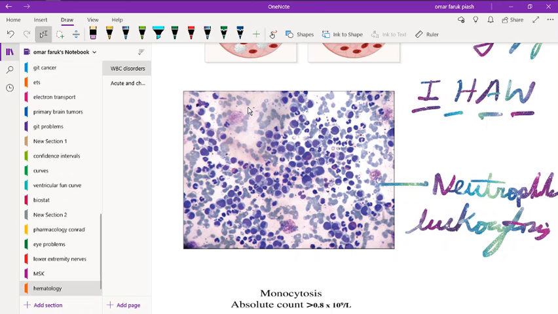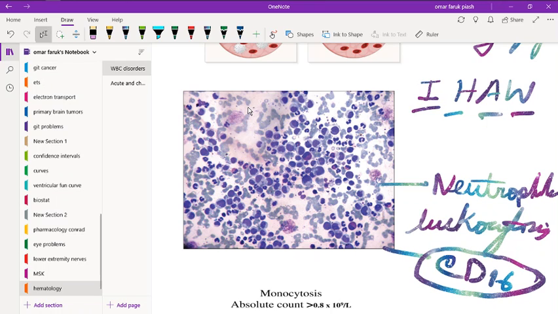In bacterial infection or tissue necrosis, there is induction of release of marginated, pooled, and bone marrow neutrophils, including immature forms and immature cells. These immature cells are characterized by decreased Fc receptor, CD16. CD16 is the marker to identify that there is an immature cell.